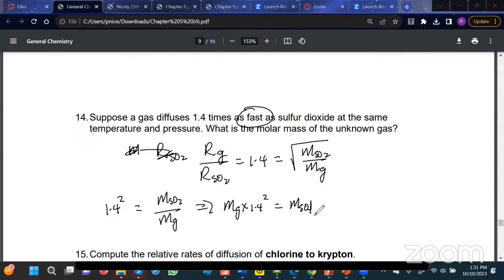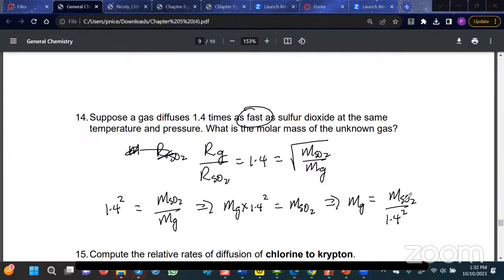And then what? It's very hard to write with this thing here. Right, I would divide both sides by 1.4 squared. So the molar mass of the gas will be equal to the molar mass of SO2 divided by 1.4 squared.